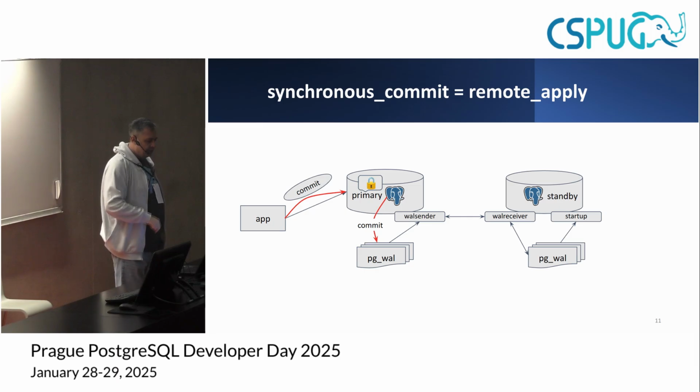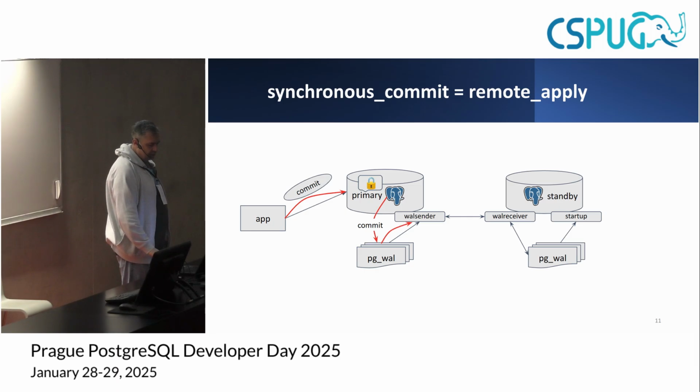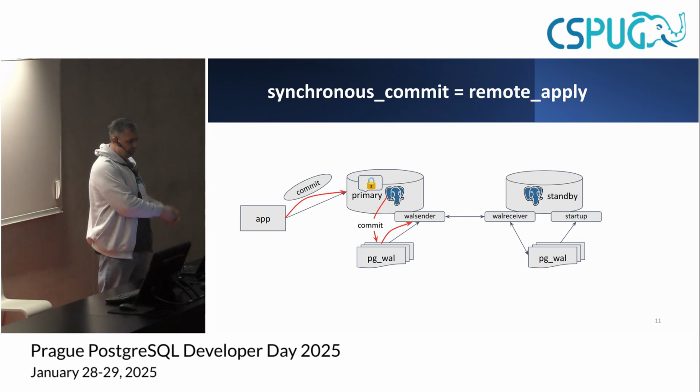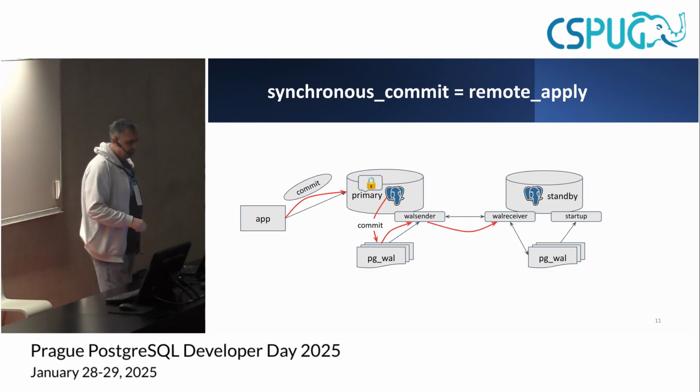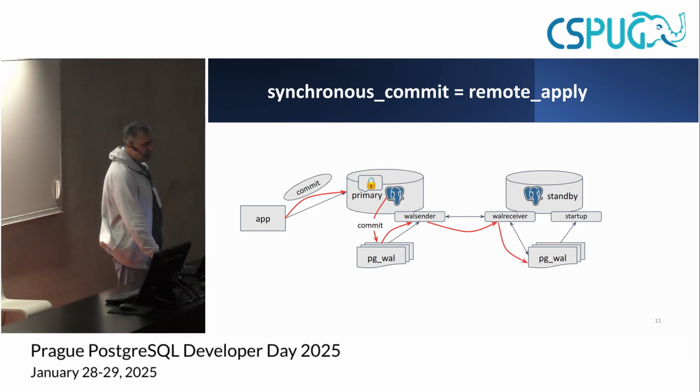The primary writes the commit record to pg_wal. Then the WAL sender on the primary reads this record from pg_wal. At this time, locks are still in place, so other connections on the primary cannot see those changes. The WAL sender sends data over the network to the standby, to the WAL receiver, which writes it to pg_wal.